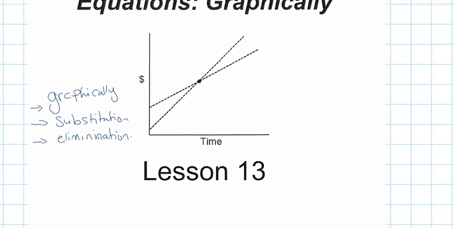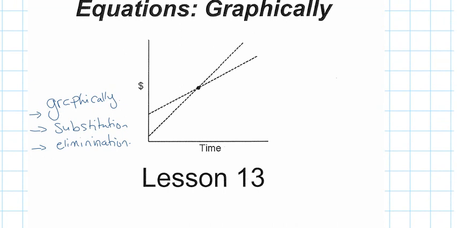Here is how we solve graphically. As you can see, how many lines do you see here? Two lines, right? And the two lines meet somewhere. You see that point where the two lines intersect? That's the solution of the linear system.